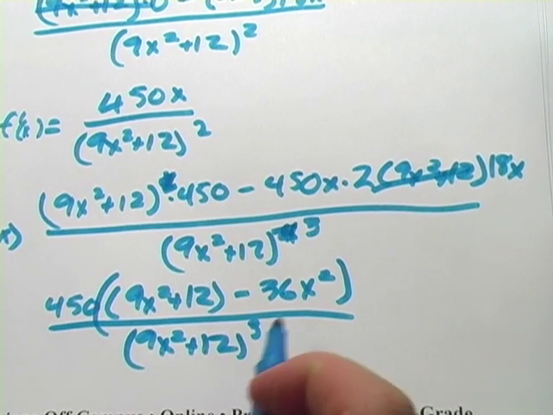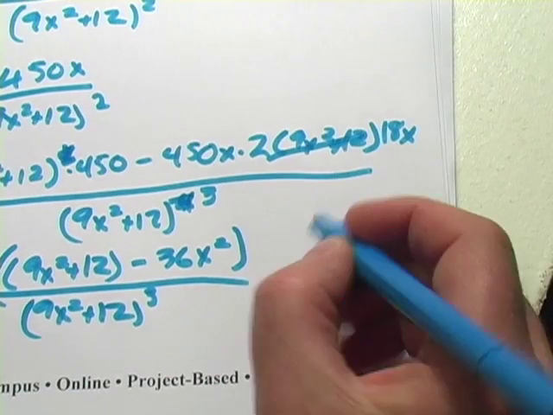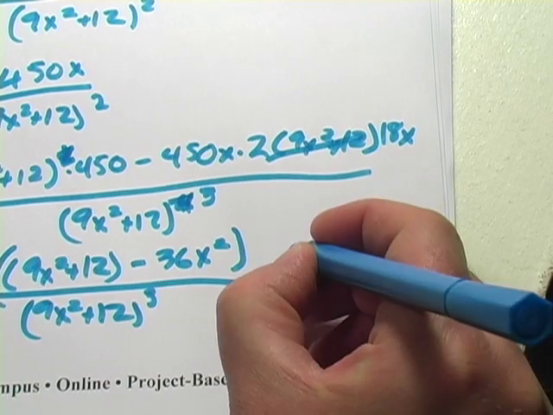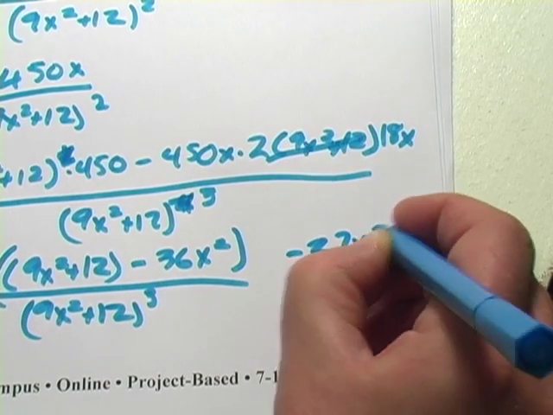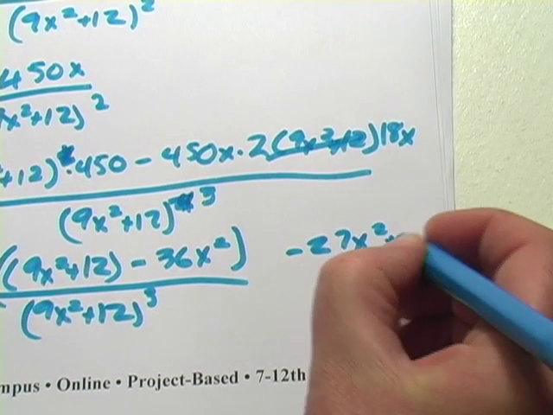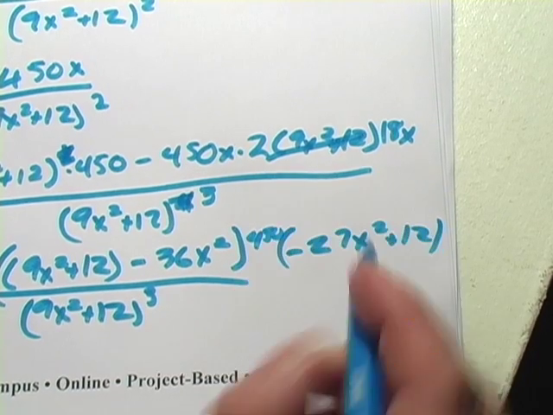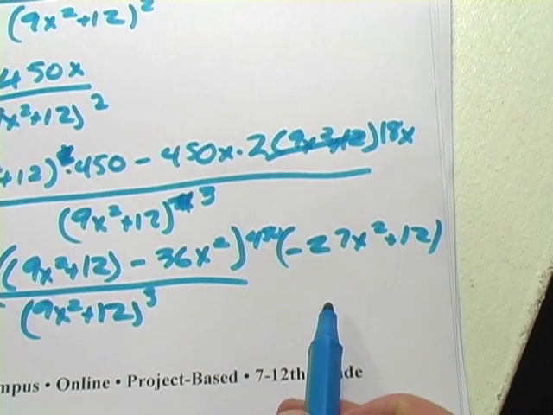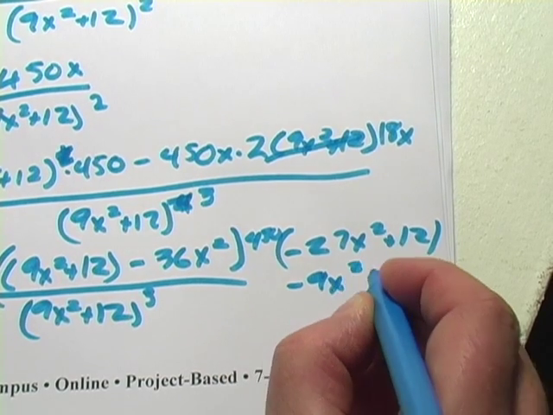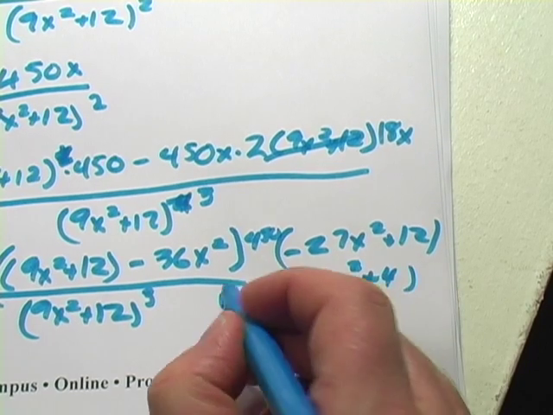Now let's see. Well, if I simplify this a little bit on top, I've got, so that's negative 27x squared. I'm adding the 9x squared and negative 36x squared, plus 12. And that's all times 450. But I can also pull a 3 out of there, so I would have negative 9x squared plus 4 times 1350.